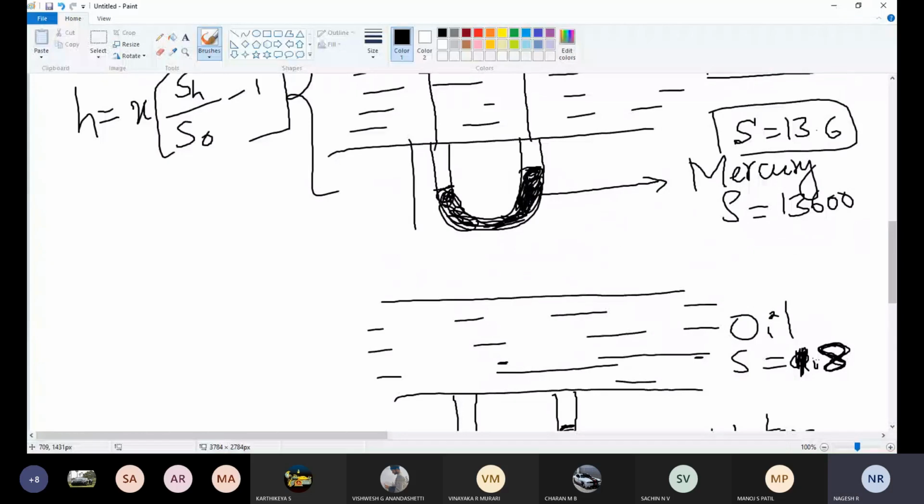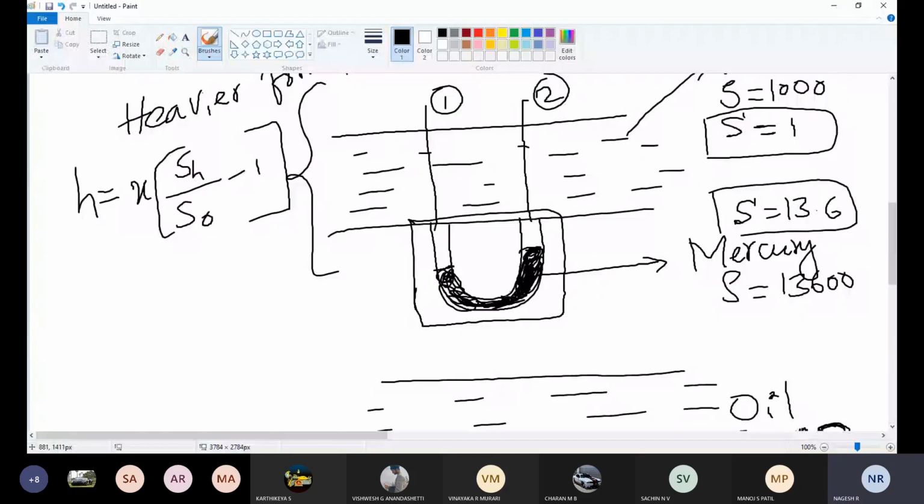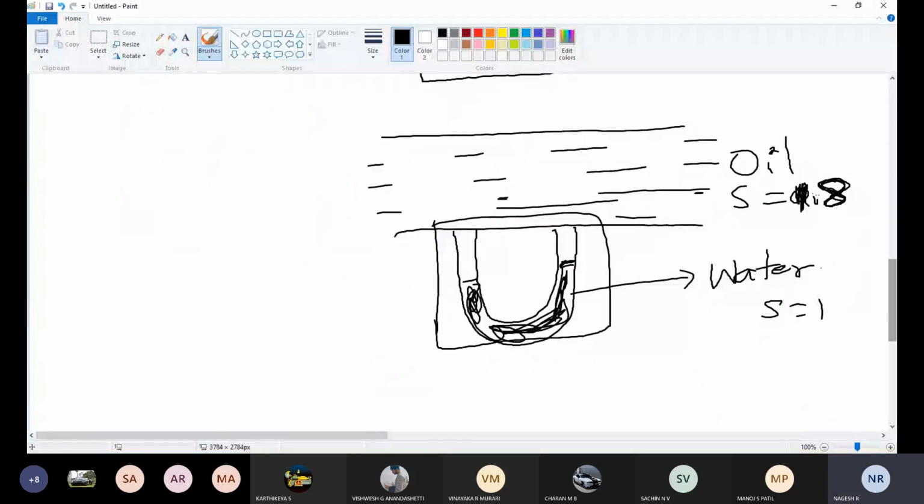Here, mercury is present, so it is more compared to this one, so I consider heavier. But if I consider with respect to this other manometer, it is lesser. Correct?